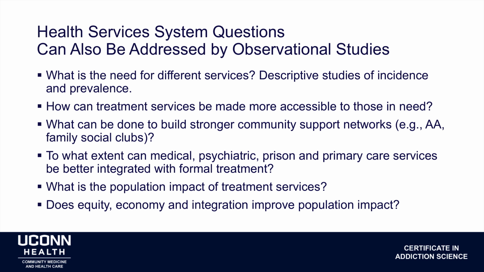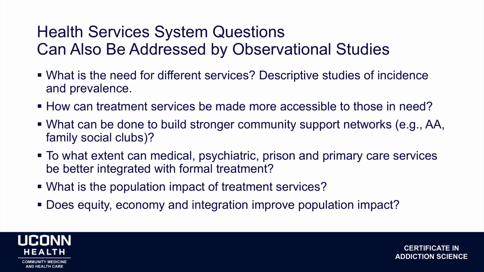So what we can learn from observational research is: What is the need for services? How can treatment services be made more accessible to the people who need them? What can be done to build community support networks like AA or Narcotics Anonymous? To what extent can medical and psychiatric and prison and primary care services all be coordinated and integrated with formal treatment? And also we can look at the population impact of treatment.